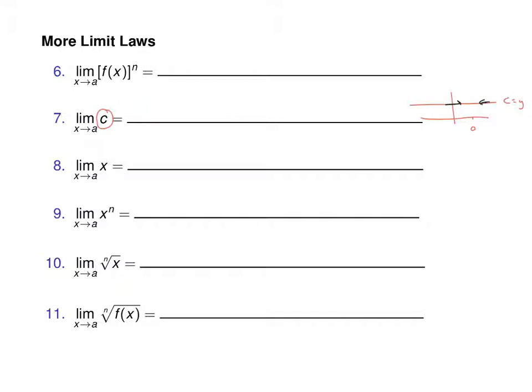What do the y's approach? They approach C. The limit thing is always asking about what happens to the y as that happens to the x. And no matter where I put that a, as you approach that a, the y's are C, right? Does that make sense?